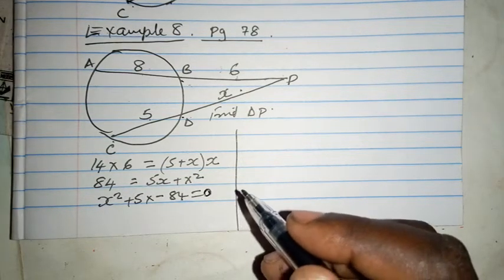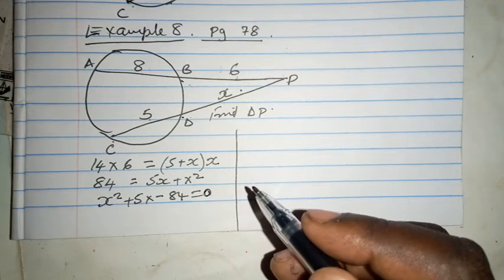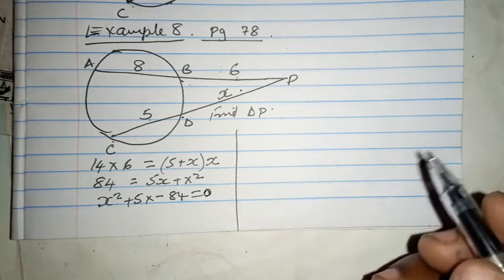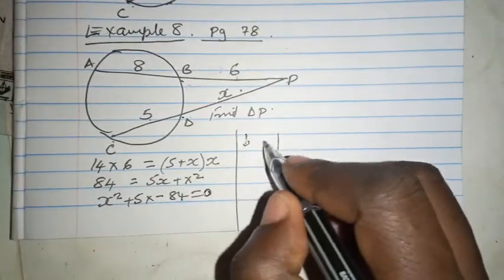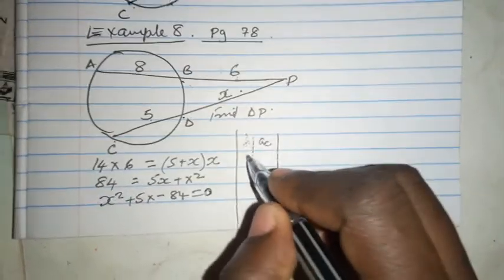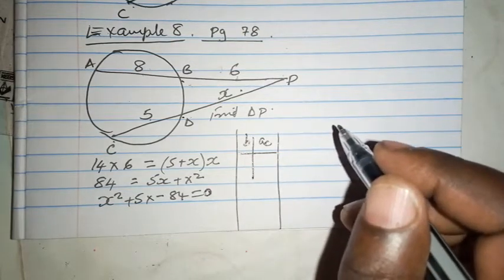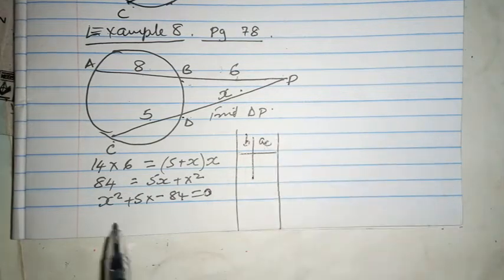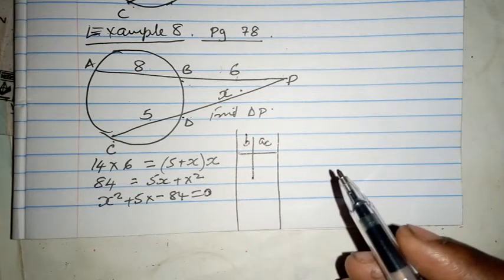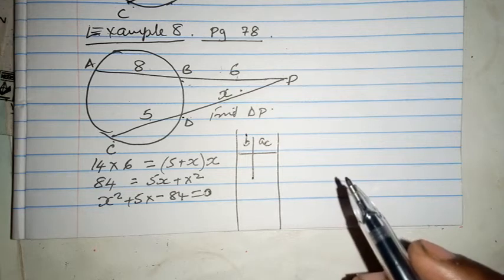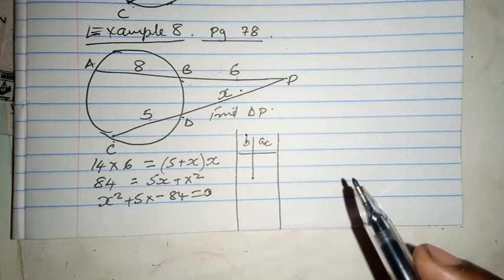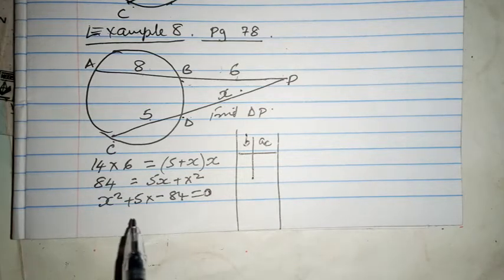To solve a quadratic equation, we have to have 0 on the right hand side, so that we ask ourselves two questions, with b and ac, the factor method. There are other methods to solve a quadratic equation, including the graphical method and the quadratic formula, but for now we just use the factor method.